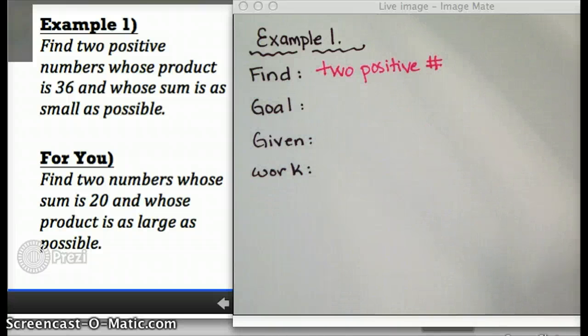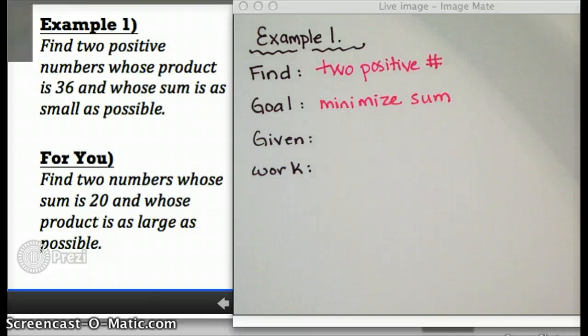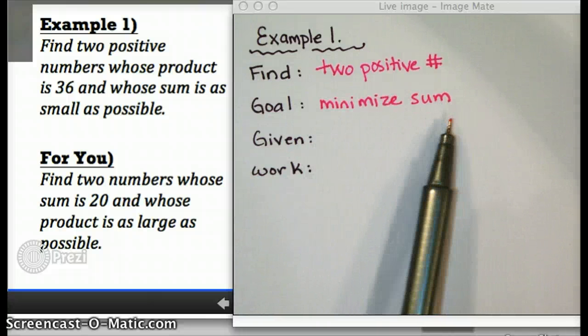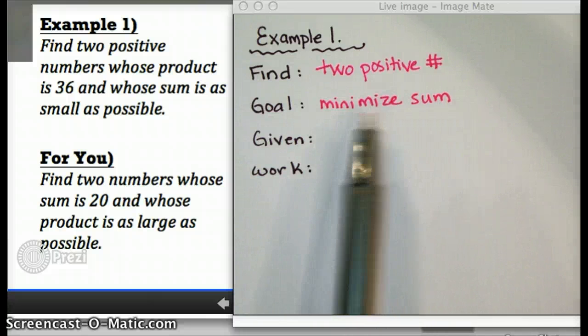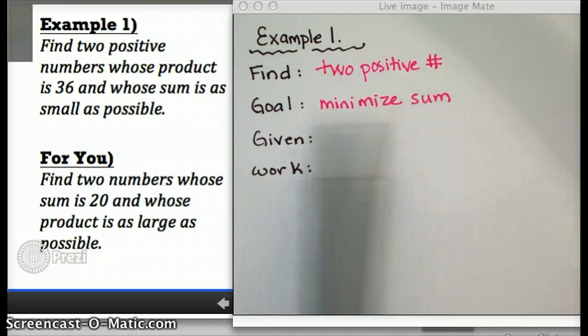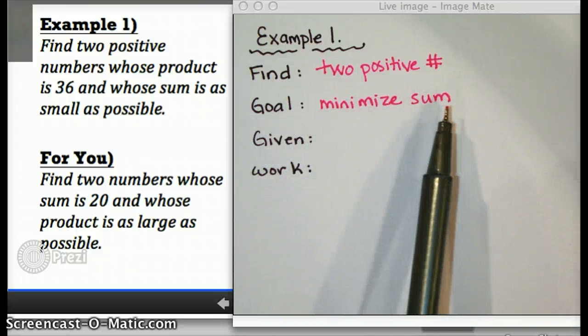And there's something else that we're trying to do here. When you read the question again, you'll realize we're trying to find 2 positive numbers whose sum is as small as possible. So really, my goal here is to find the numbers and to minimize their sum. And minimizing the sum is actually what makes this an optimizing problem.